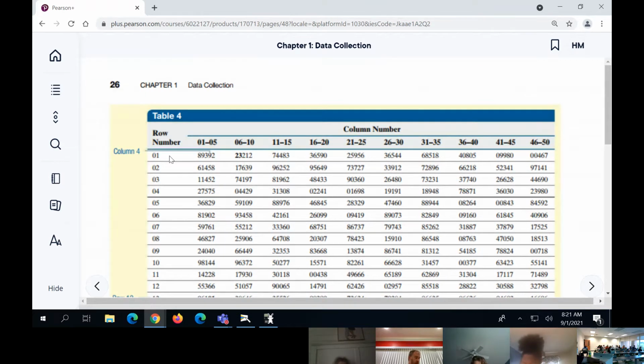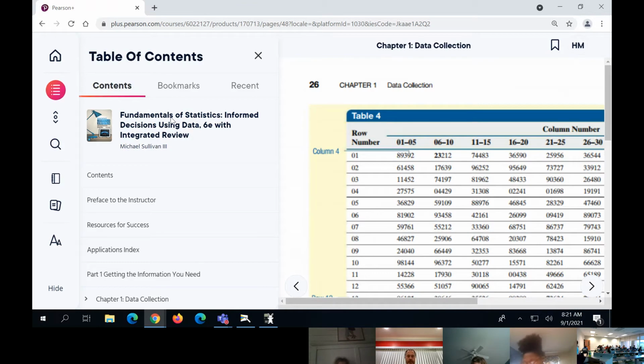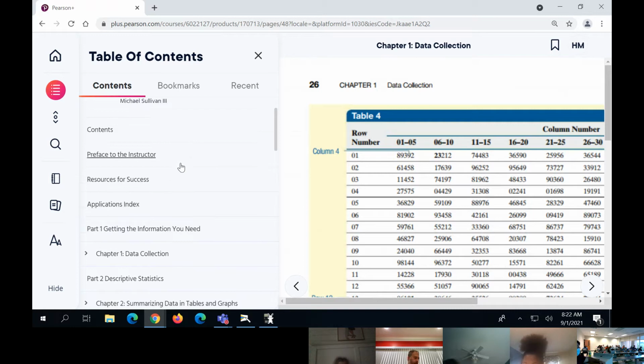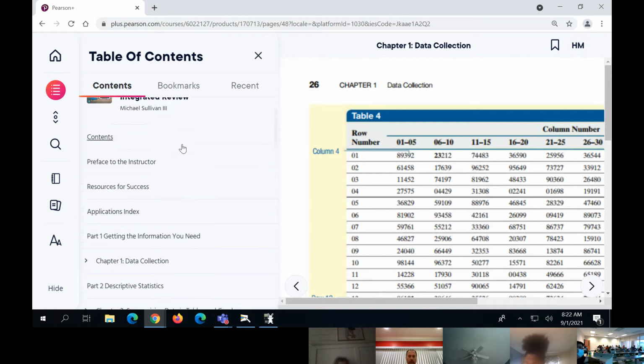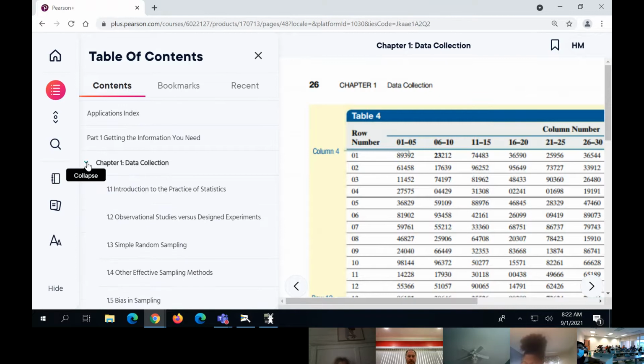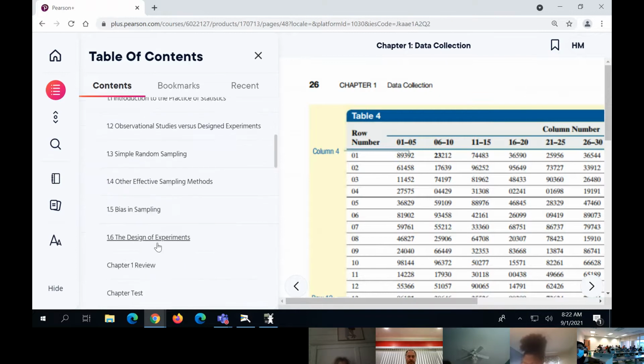Oh, right here? Yeah. Where's chapter 1? Chapter 1, data collection, drop down. There, thank you. They've changed everything in this book.